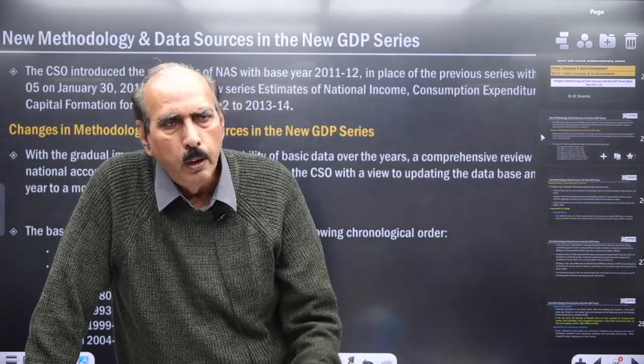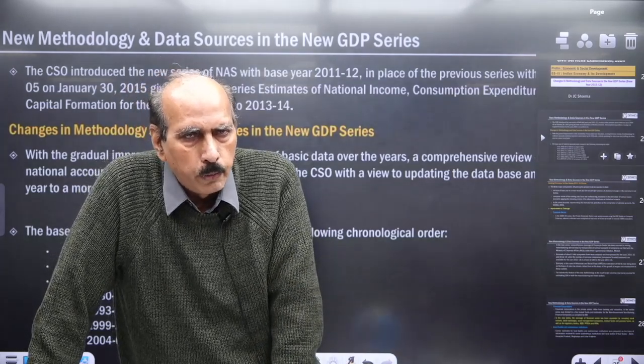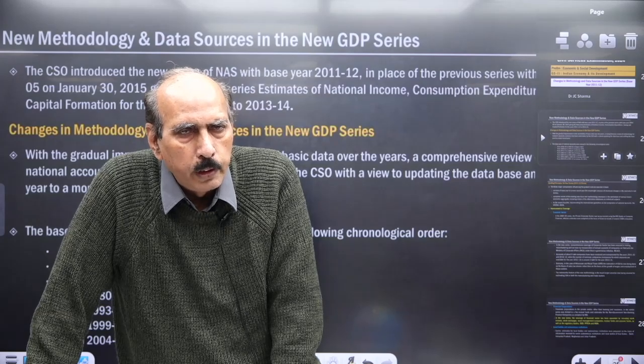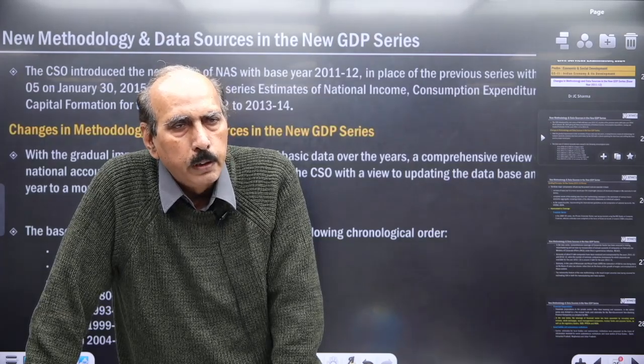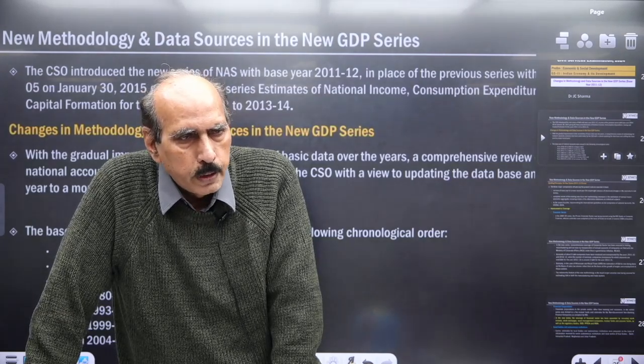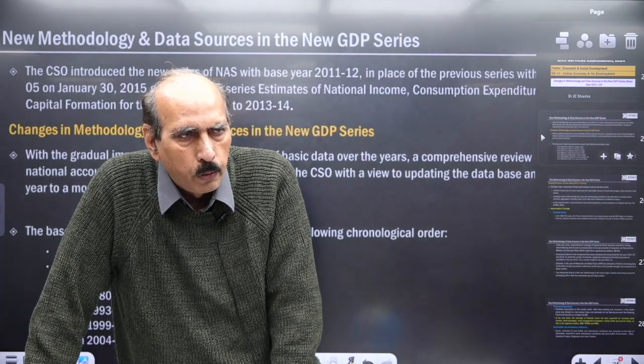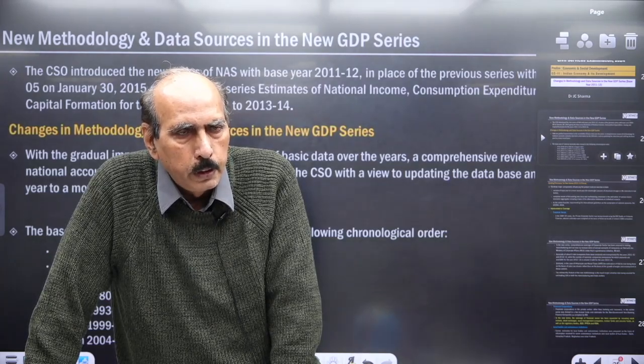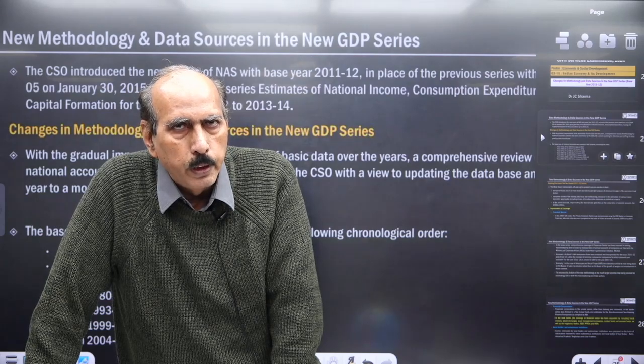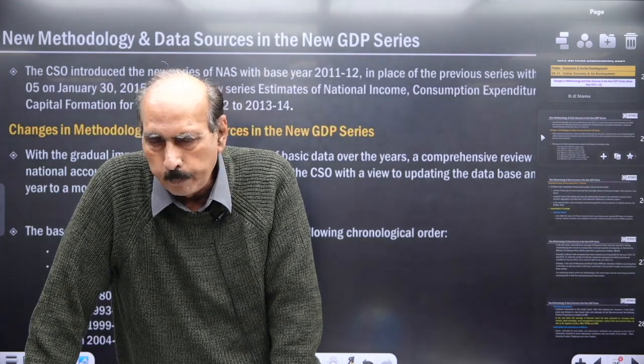They have their own plan of undertaking the survey. So, as and when the new database comes, we replace the earlier one. Therefore, the second objective of revision is the updation of the databases.